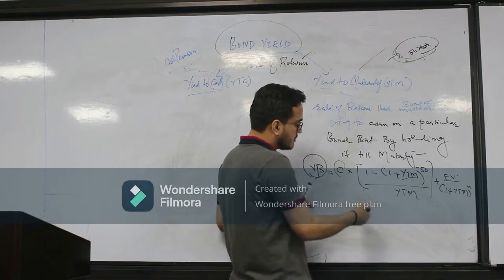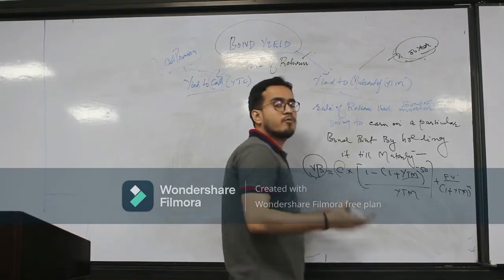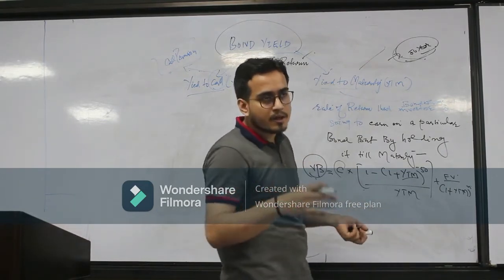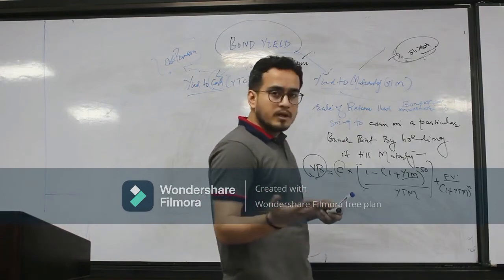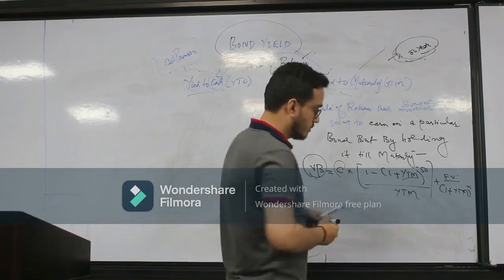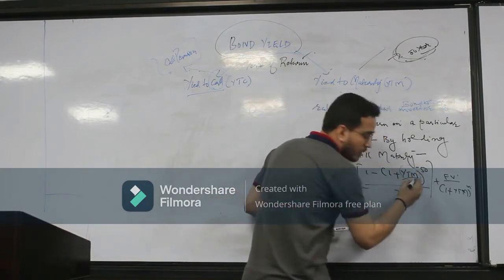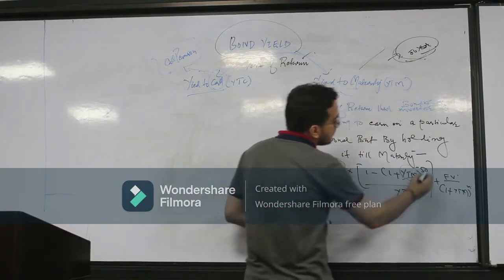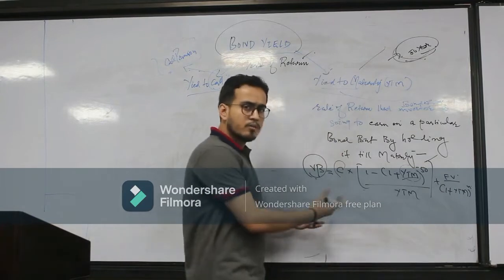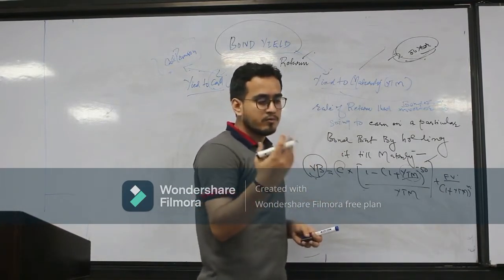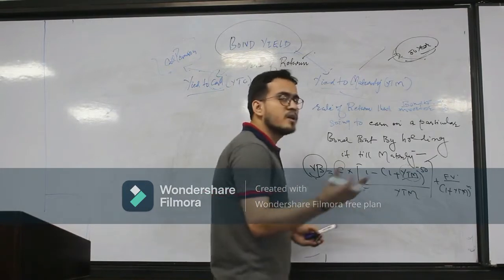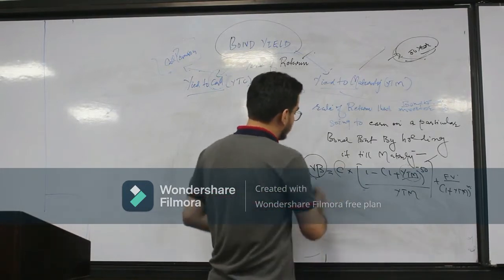By using some simple mathematical calculations, or the calculator, where I have already asked you to learn the tricks, you can find the missing value, so we can easily find the YTM. There are a lot of practice problems in your book, so just do 4 to 5 practice problems from any edition, 13th or 14th.